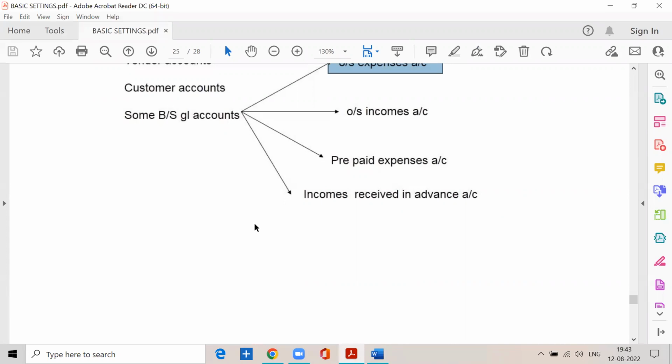Preparation of financial statements every month is not legally required, but preparation at the end of every year is legally required. The preparation of financial statements every month is only for the information purpose of the company management, because they want to know whether we are earning profits or incurring losses. For that, they want to prepare the P&L account and balance sheet every month.